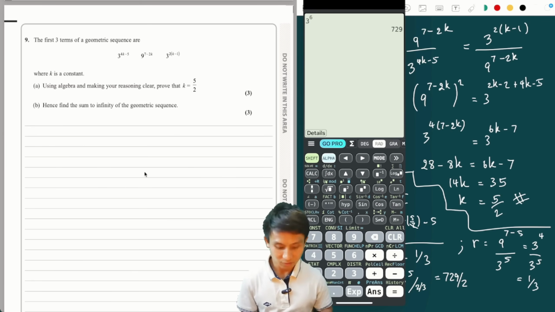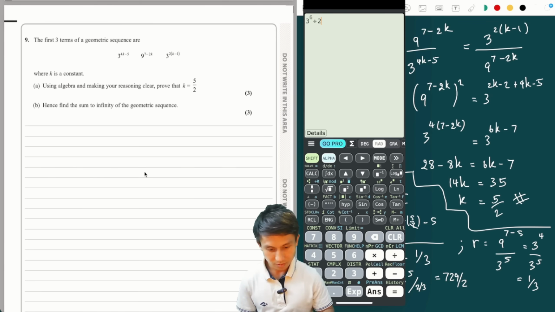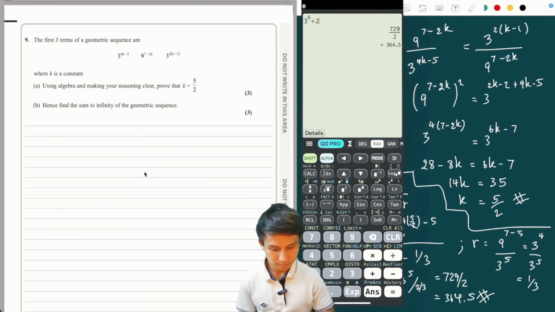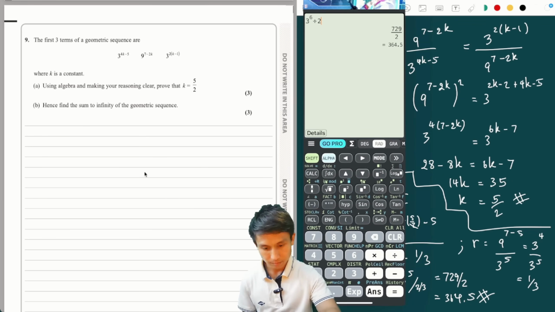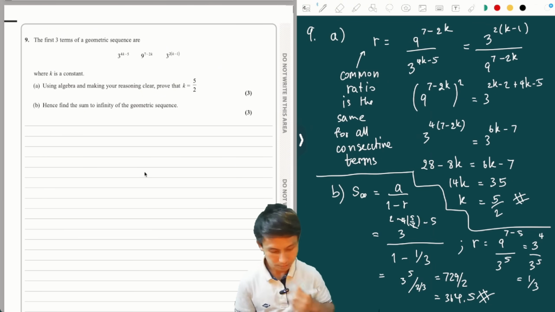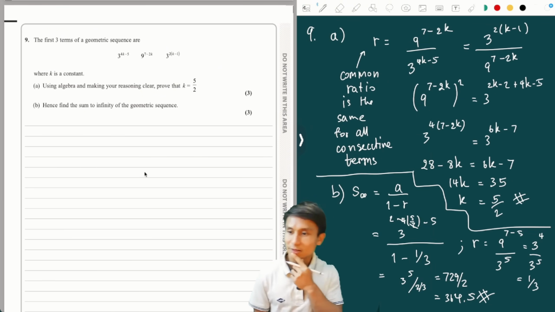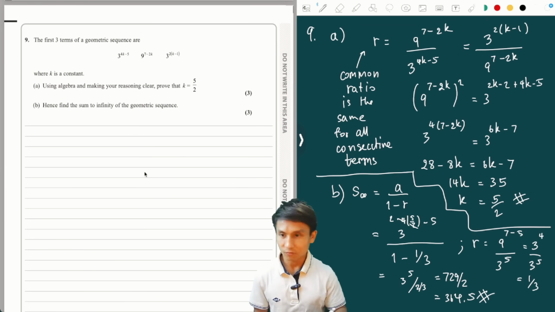Yeah, that's the sum to infinity. Or 364.5 there. All right, that would be the answer there for part B.